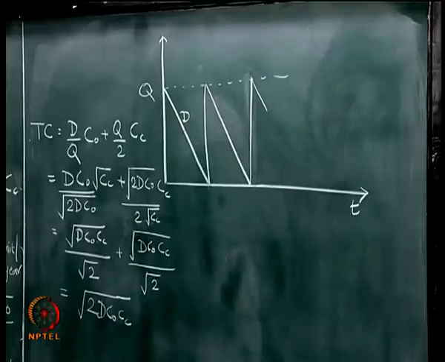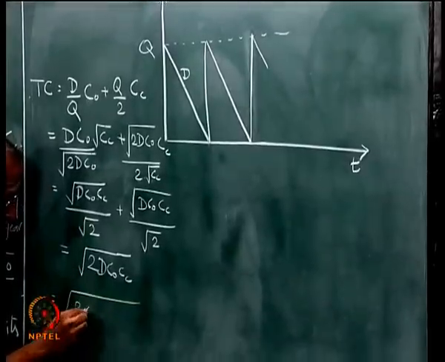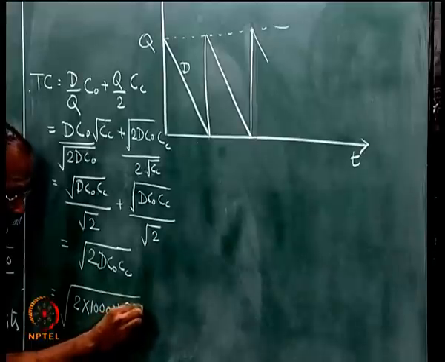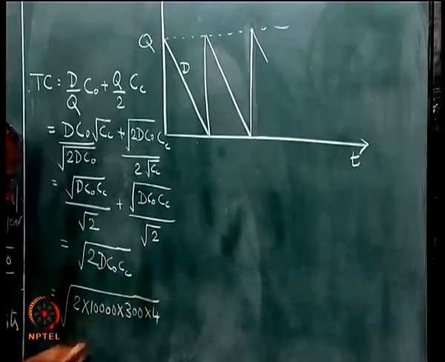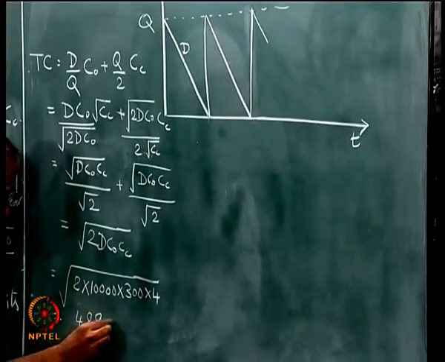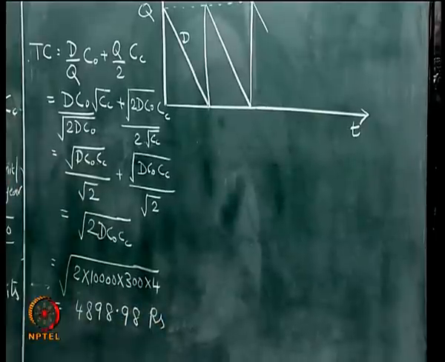And in our example, when we substitute, we will get root over 2 into 10,000 into 300 into 4, which on simplification will give us 4898.98 rupees per year.